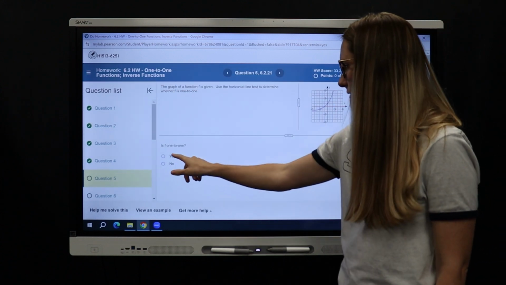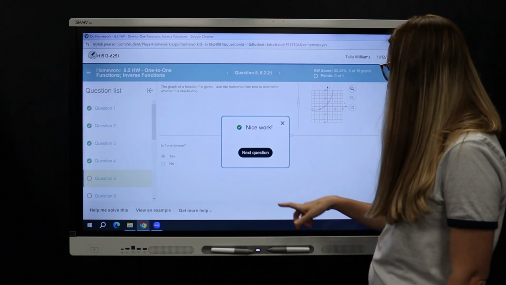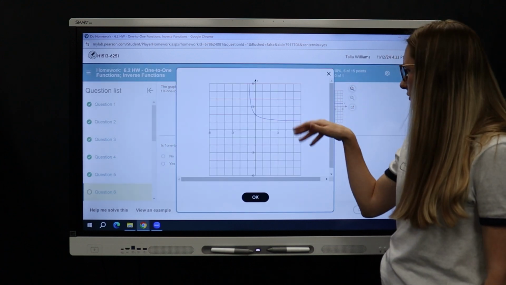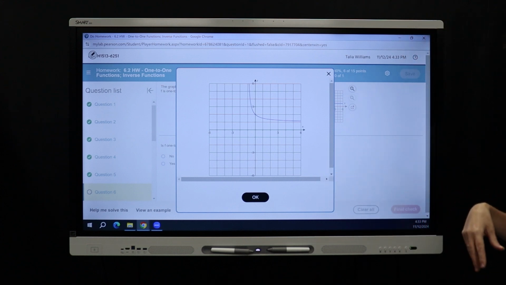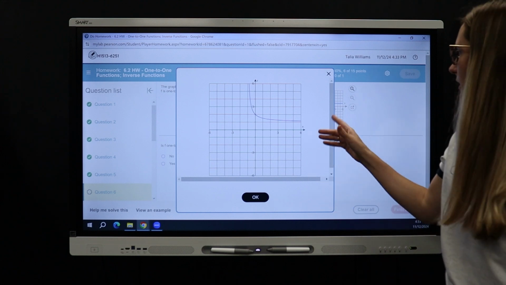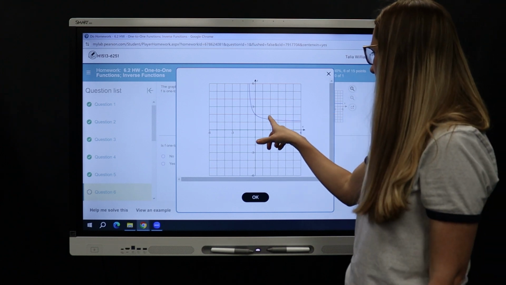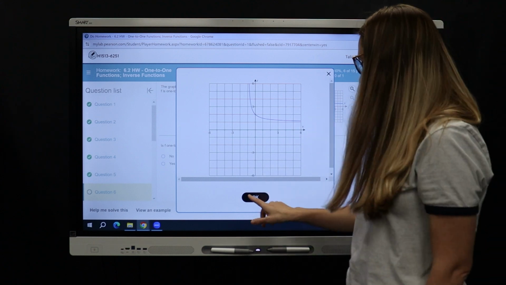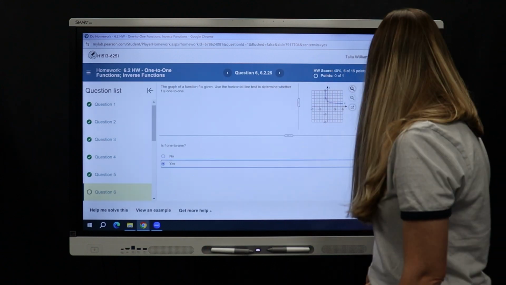So yes. This is one of our graphs that we're going to get into more on the next couple lessons. It gets exponentially closer to it, but it's never the exact same. So this is a one-to-one function.